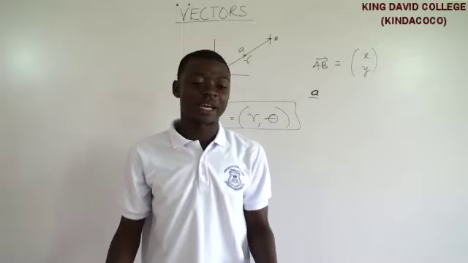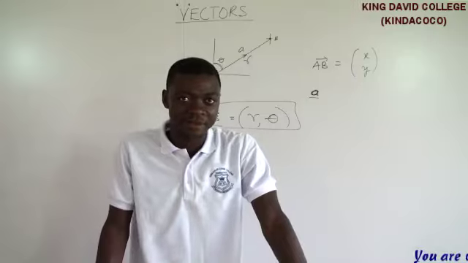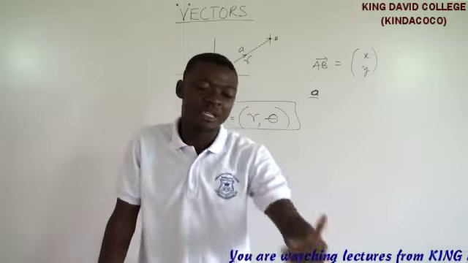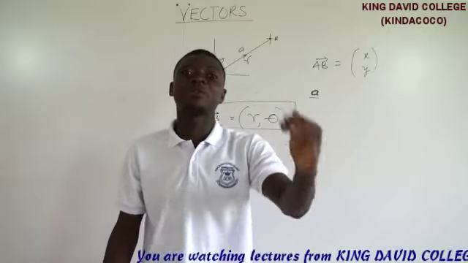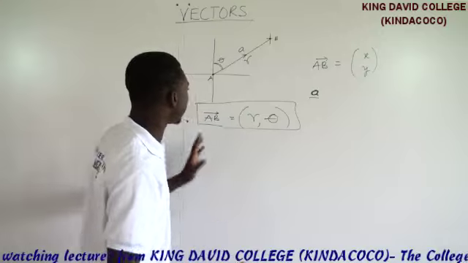All I need to do to that car is turn the direction of the car. Are you okay? So it means that the same car that will move from A to B will be the same car that will move from B to A. Just that I will change the direction of the car. So the same way with vectors.